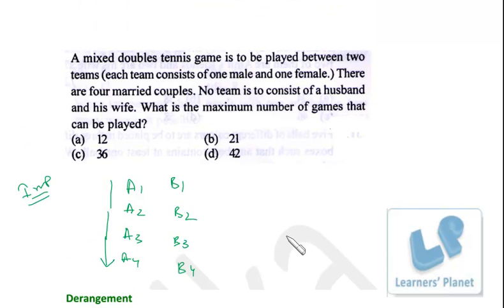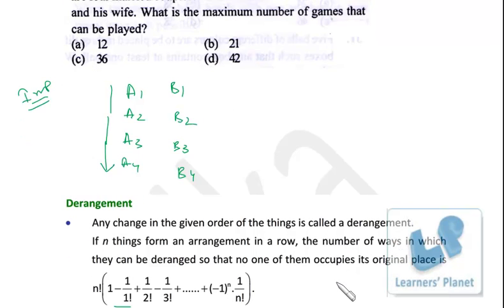Once again, I would like to tell you that it's an important concept. Sometimes it becomes difficult for students to understand where we use derangement, right? So whenever you have to arrange things in a row, and count the number of ways in which they can be rearranged so that no one of them occupies its original place, you need to have some practice.